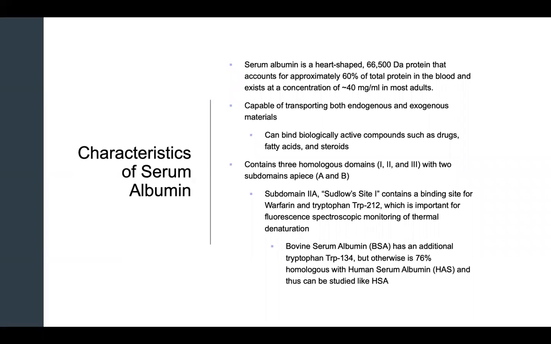Serum albumin has, in our studies, most interestingly, a binding pocket called Sudlow's site 1, a place where a drug called warfarin binds. It has a tryptophan in it, known in HSA as tryptophan 212, but in BSA, which is bovine serum albumin, it is known as tryptophan 214.